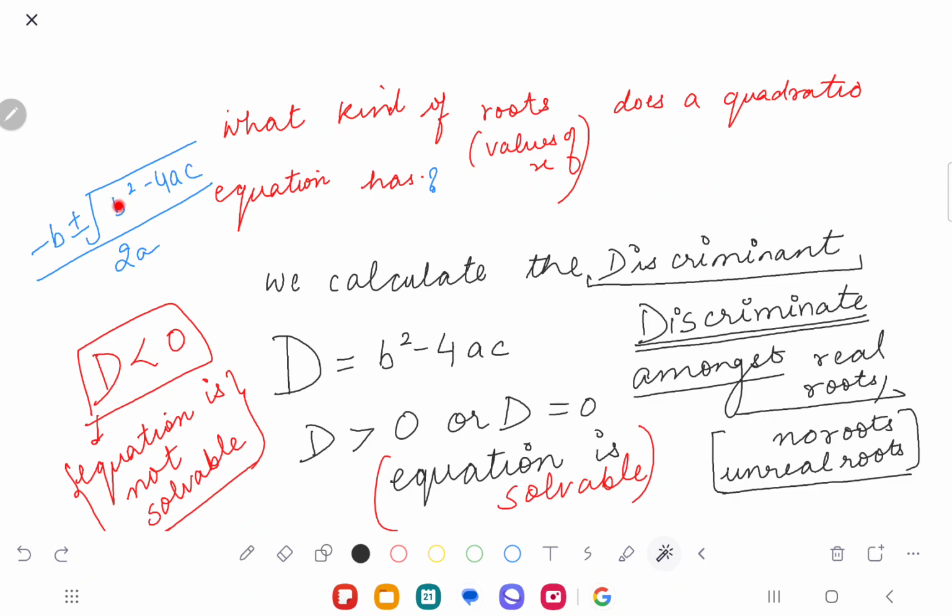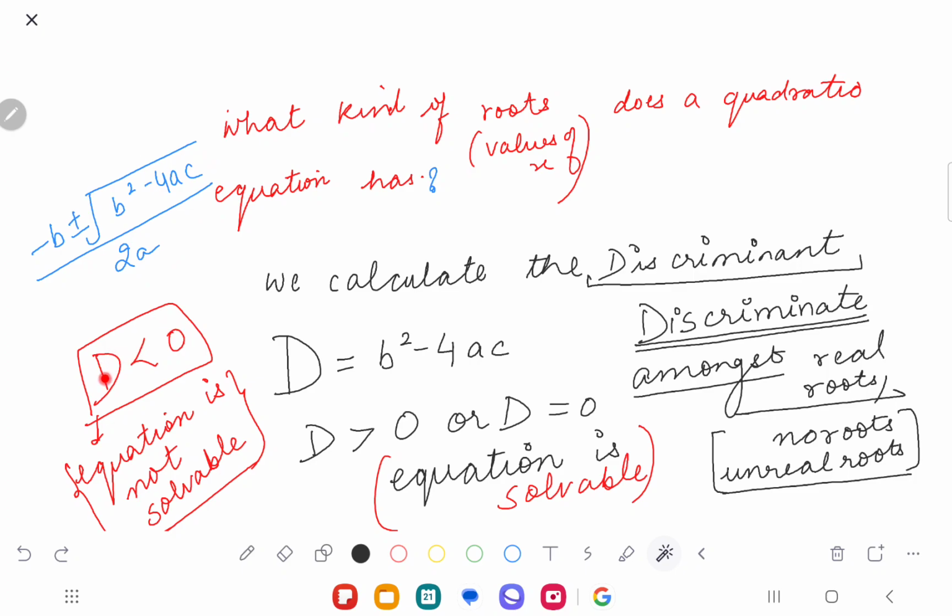If this b square minus 4ac comes out to be some negative number, like minus 9, would you be able to calculate root of minus 9? The root of negative numbers actually does not exist, isn't it? So what does that exactly mean? It means that in minus b plus minus under root of b square minus 4ac, the root of a negative number does not exist, and thereby you cannot solve this quadratic equation.